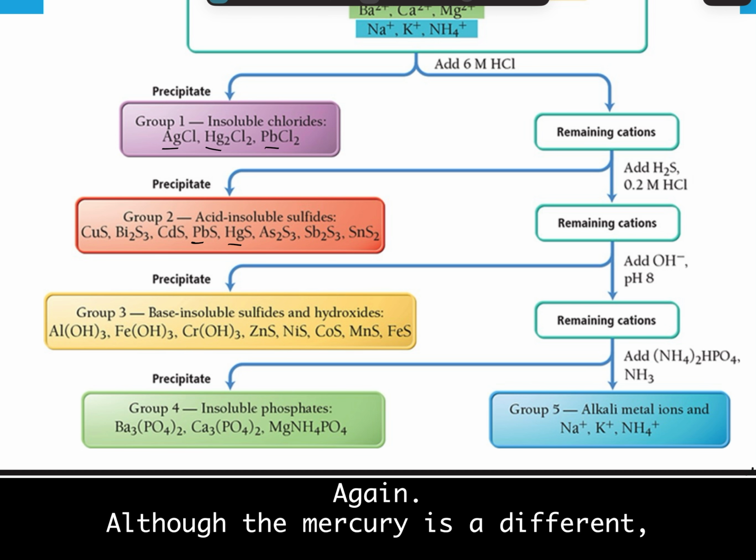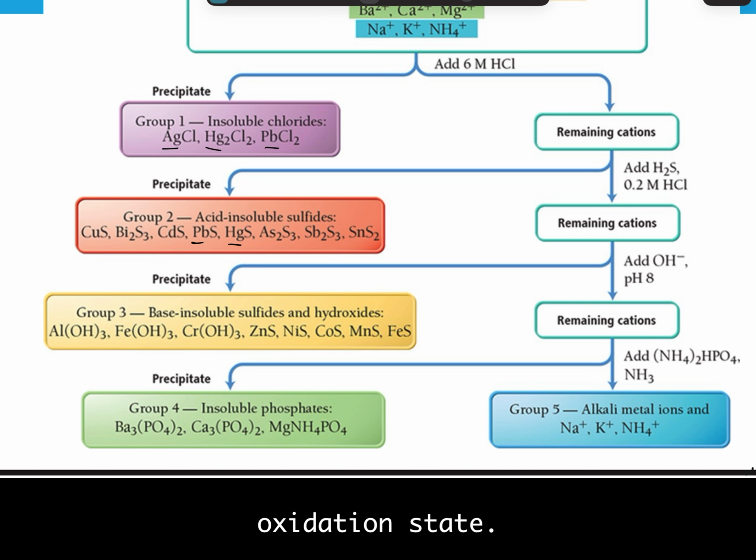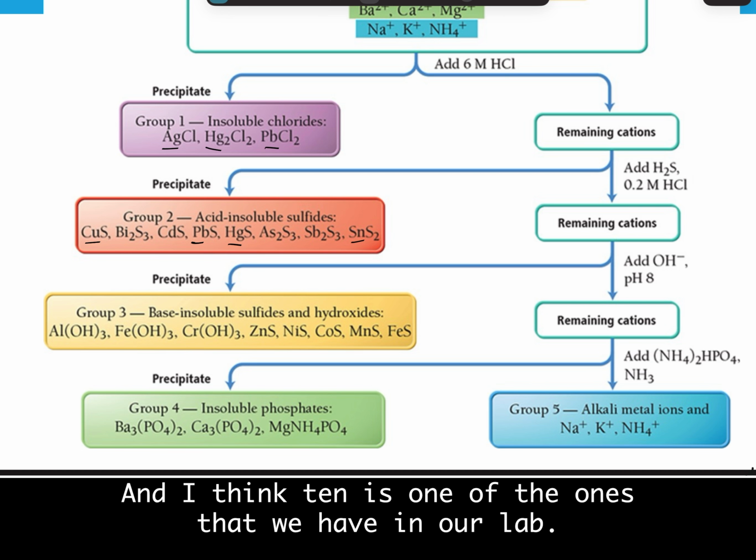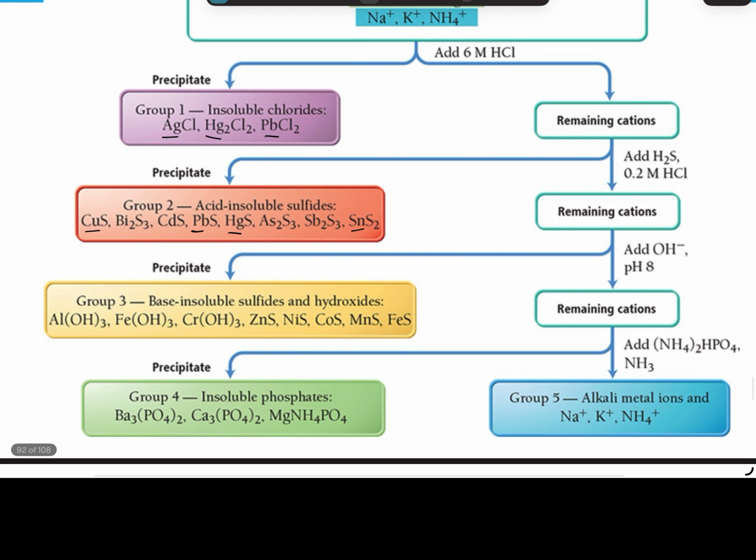although the mercury is a different oxidation state. But we could also get copper. I'm trying to think of which other ones. Tin. I don't think tin is one of the ones that we have in our lab. Any precipitates mercury 2 plus?